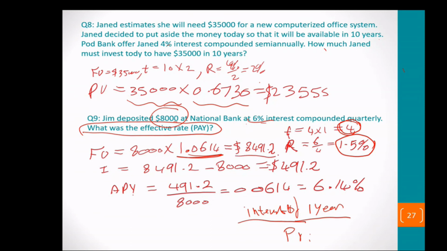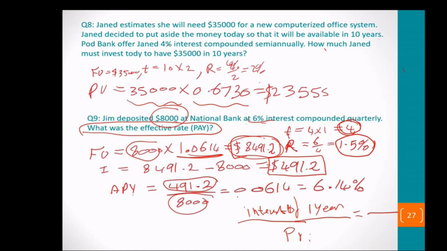The answer is 8,492. So what's the interest value? We subtract 8,492 minus 8,000, which is equal to $491.2. I'll take this $491.2 divided by 8,000.